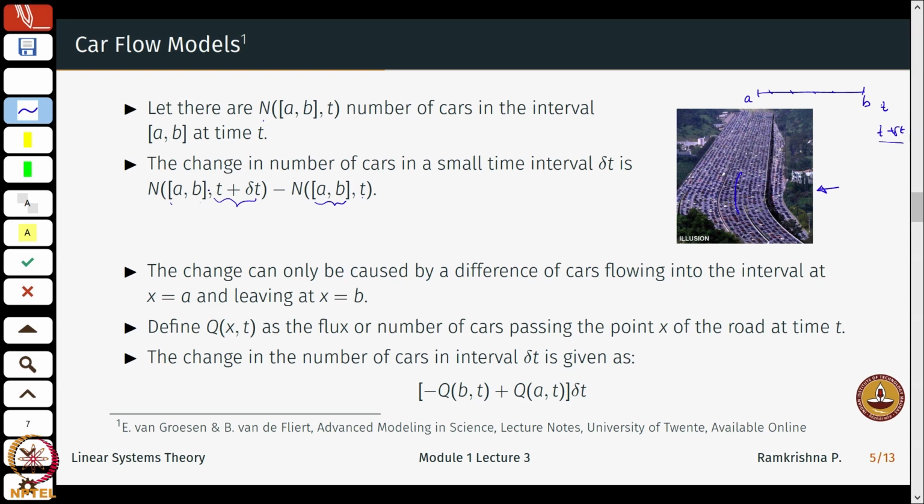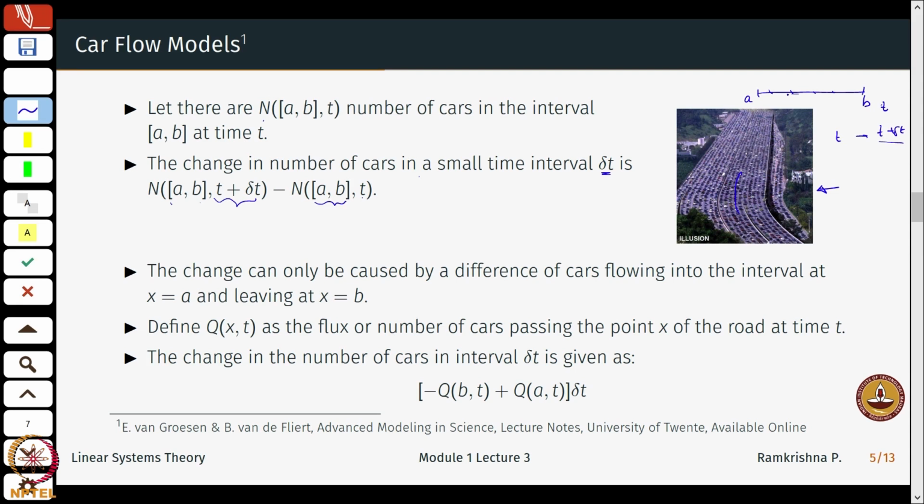So, I am just writing down the change in the number of cars in a small interval delta t. I am just interested in this interval A to B, how the number of cars changes from t to t plus delta t. Now, if the traffic is just still, not moving, what will be the change? The change will be 0, because no cars enter and no cars leave.